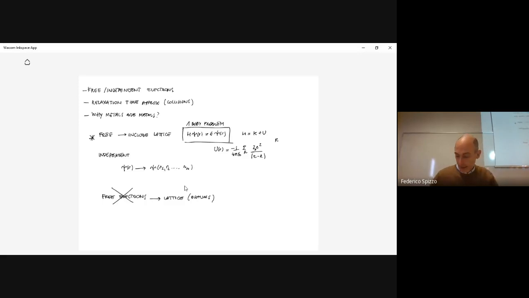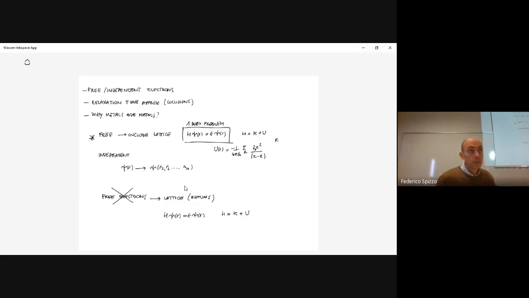The following step is the solution of the Schrödinger equation, in case H is the kinetic term plus the potential term.